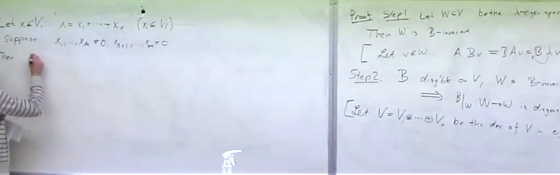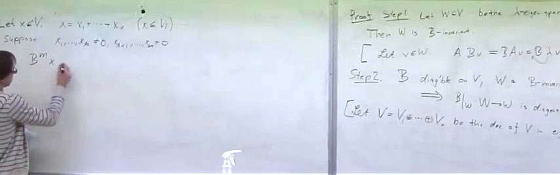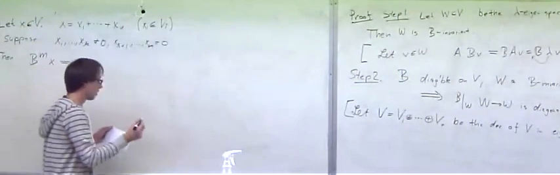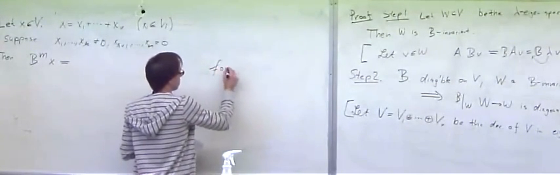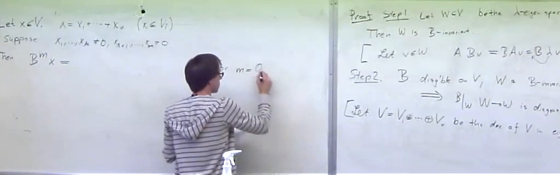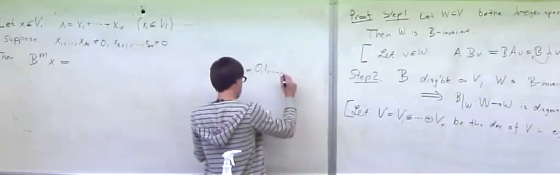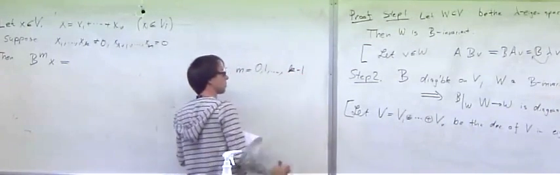Then I can write down B^m of x. The formula will hold for any m from 0 to infinity, but we'll only use it up to m equals k minus 1.